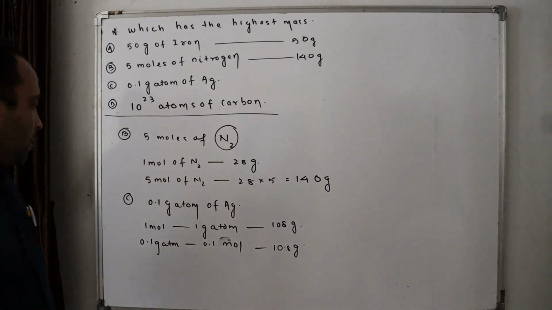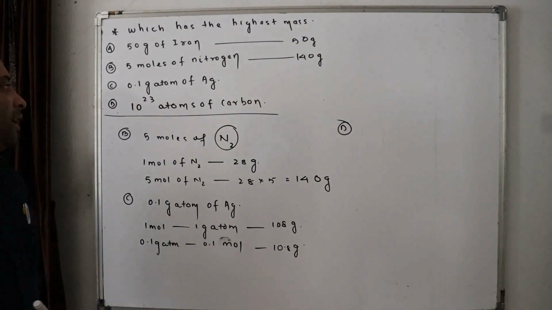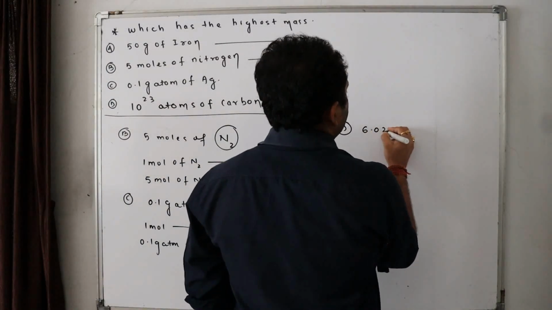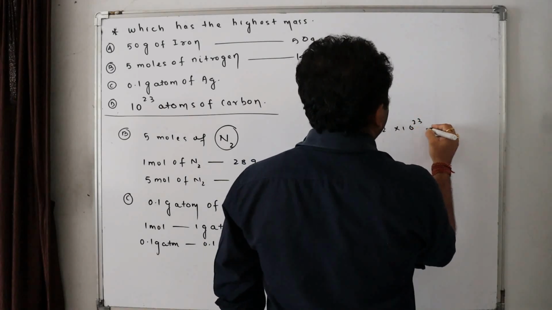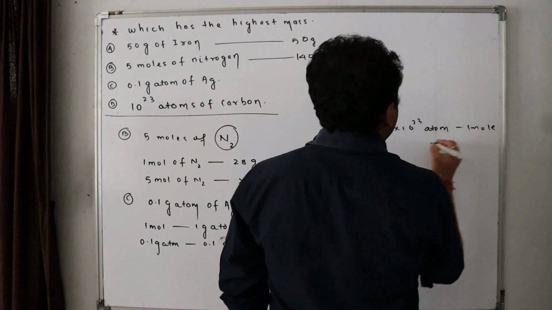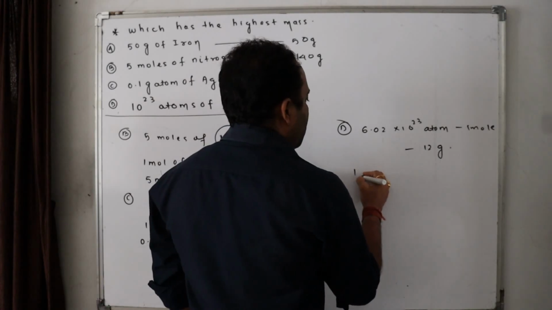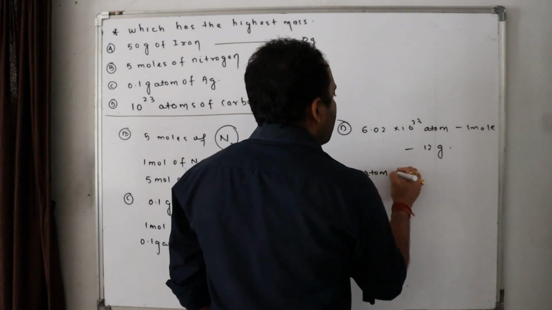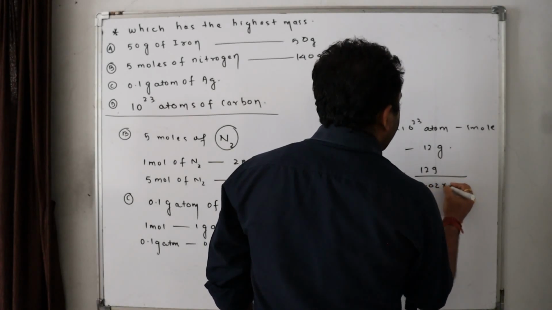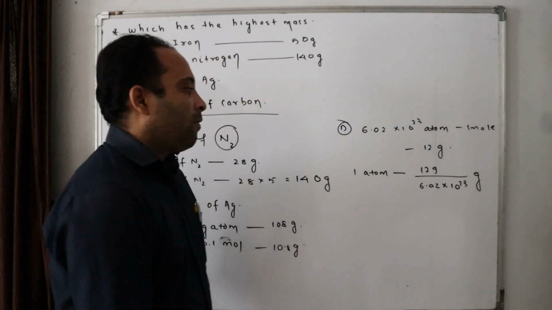Next, option D. 10 to the 23 atoms of carbon. Look here. 6.02 into 10 to the 23 atoms is what? 1 mole. Mass is how much? 12 gram. So 1 atom mass is how much? 12 gram by 6.02 into 10 to the 23 grams, isn't it? 1 atom's mass.